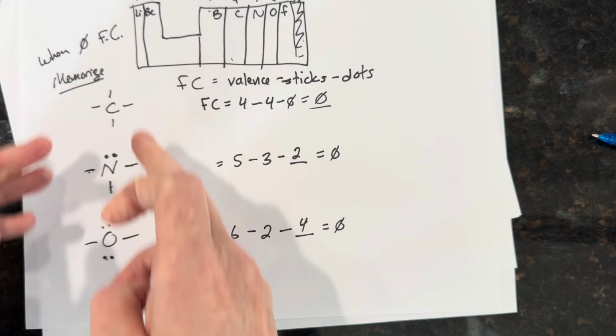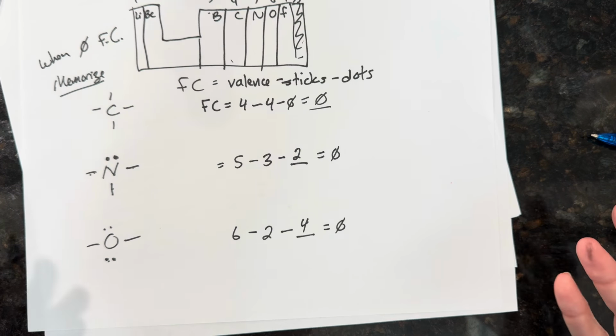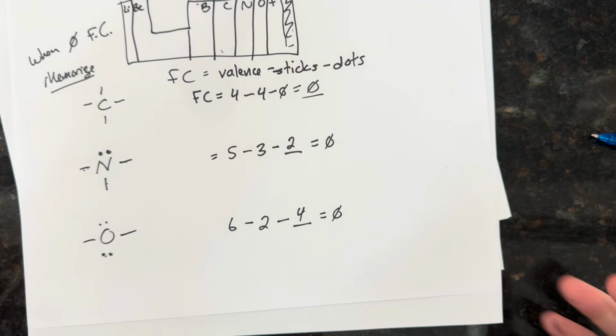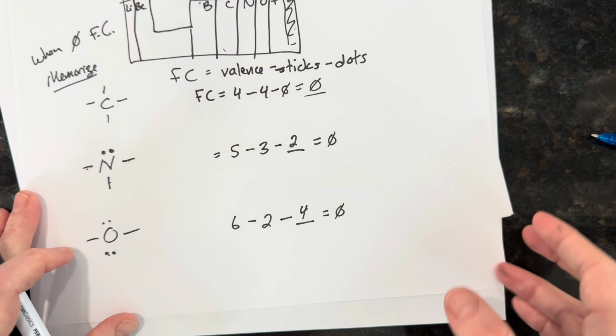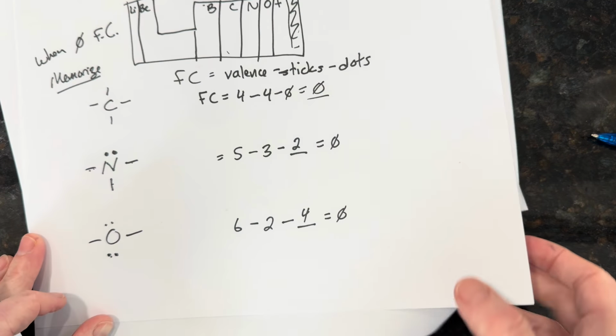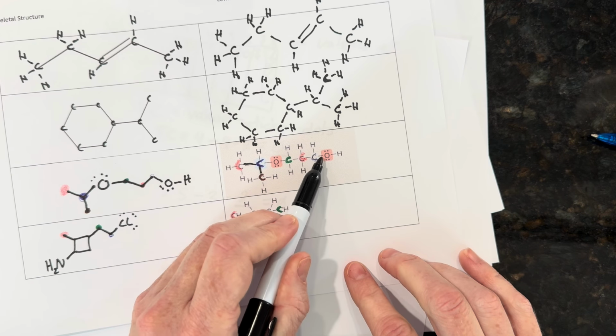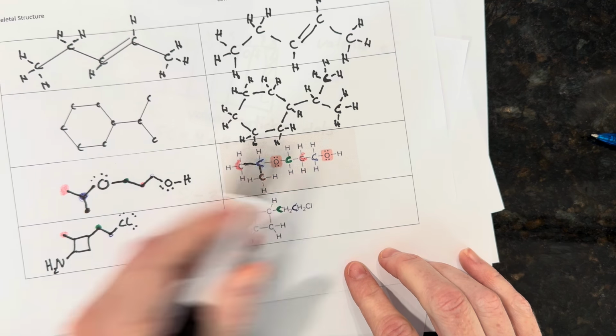Okay, so all of these are standard states where you generally have carbon, nitrogen, and oxygen, and you don't have to write any charges if they're like this. So everything we've worked with thus far today has had zero formal charges. Just to prove it to you, I'm going to go back here and show you. Oxygen here, for example, had 2 sticks and 4 dots.